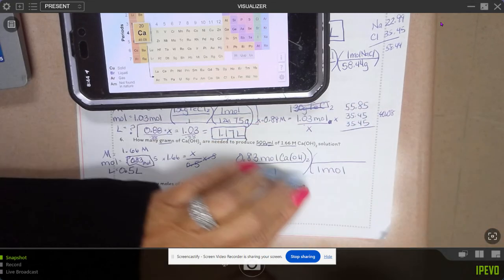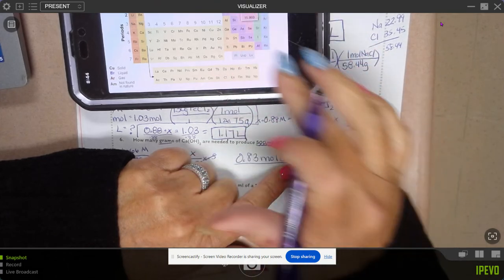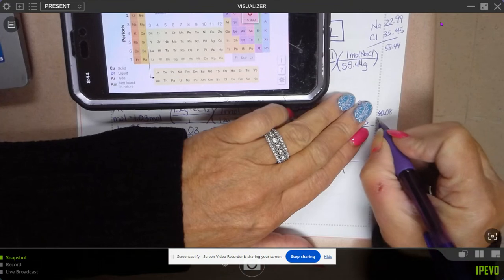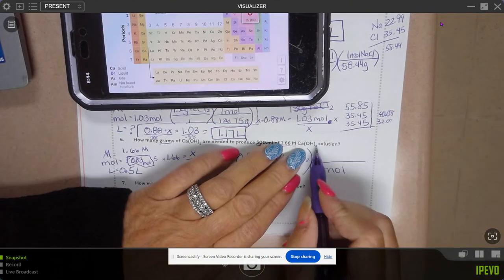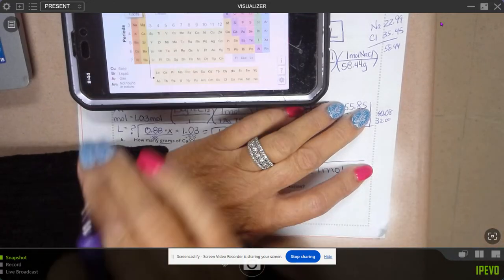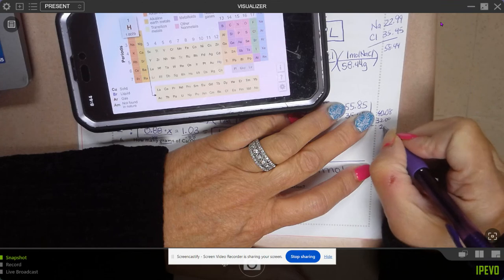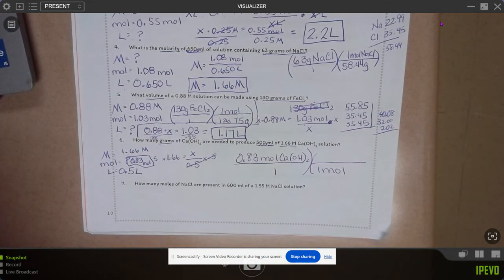40.08 is calcium. That's 1. We have 2 oxygen. We know that oxygen is 16. So 2 times 16 is 32. And then we have 2 hydrogen. Hydrogen is 1.01. So we've got 2 of them, so 2.02. So let's add these up and see how many grams.